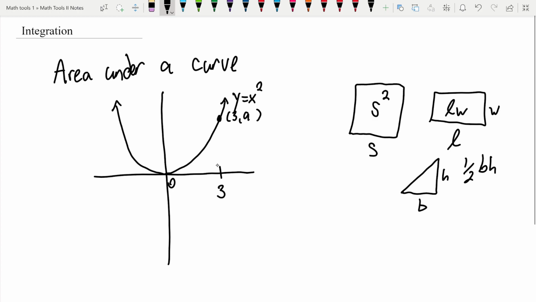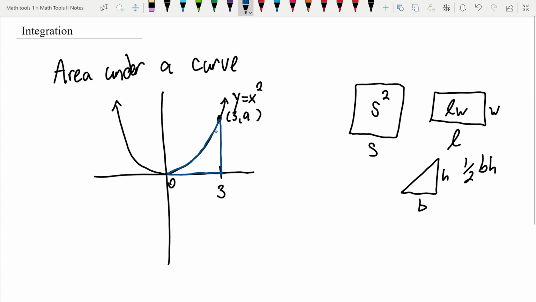Because if we try to find the area here, if I just kind of highlight this area, what we'll notice is that it kind of looks like a triangle in this case, but this isn't a straight line where the hypotenuse would normally be. It's a curved line.